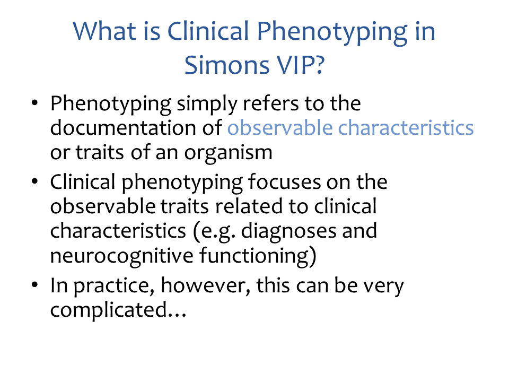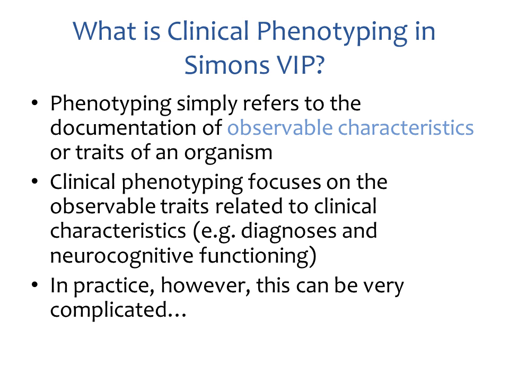Well, first of all, phenotyping simply refers to the documentation of those observable characteristics or traits of an organism. That is, phenotyping refers to the documentation of the phenotype. The phenotype is in counterpart to the genotype, that is, the genetic contribution. So we're talking about those observable characteristics for any organism, but in this case, we're talking about people.